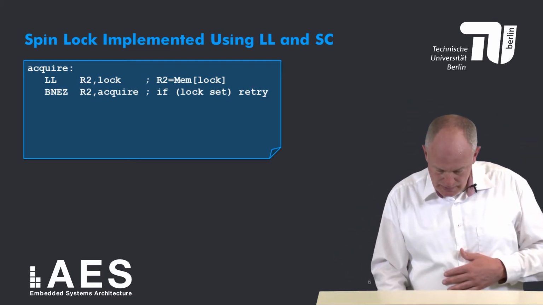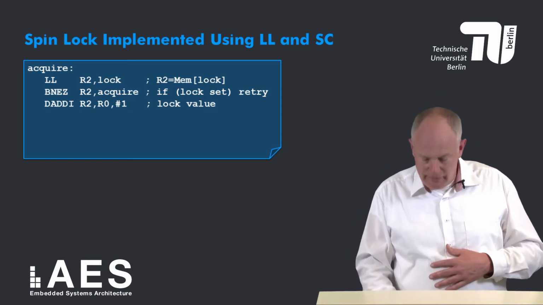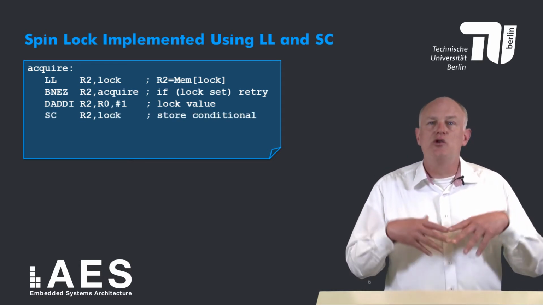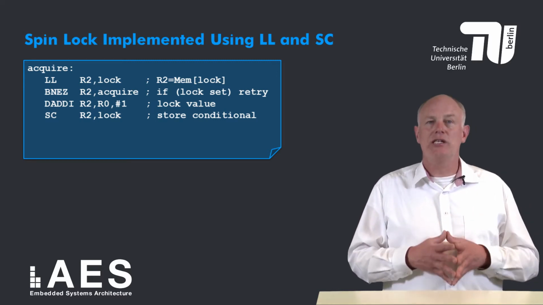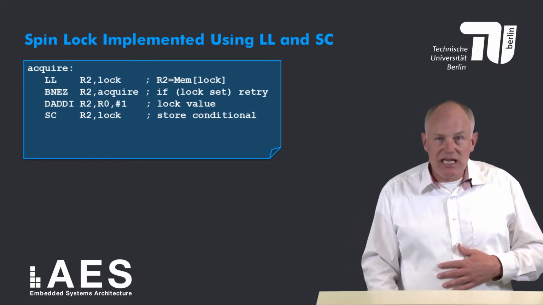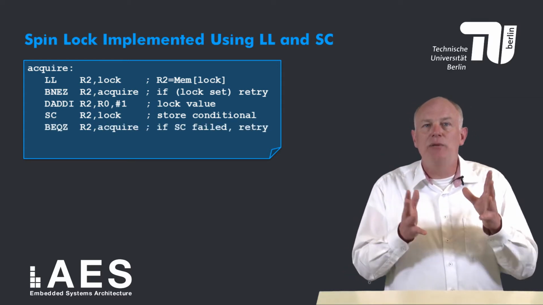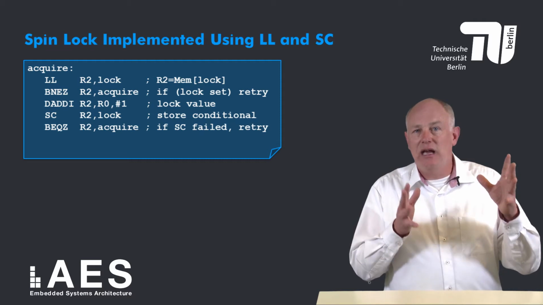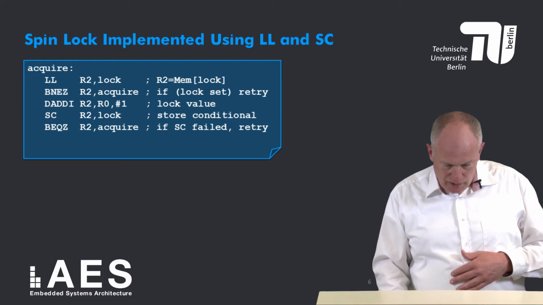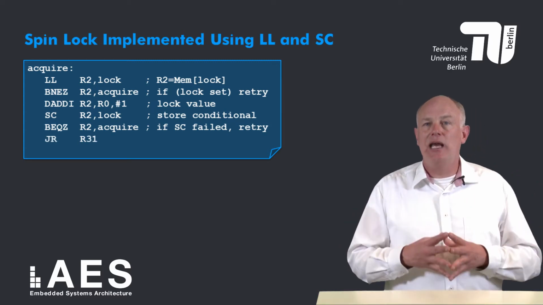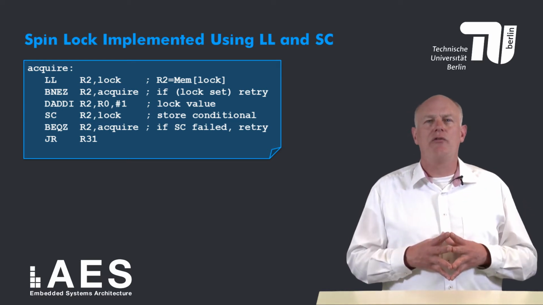If not, we first write the value 1 into a register and then try to store the value 1 into the lock variable using store conditional. If not successful because there was another store in between, then we branch back to the beginning. Otherwise, we successfully acquired the lock and can return to the calling thread.